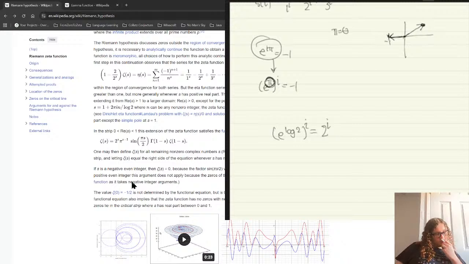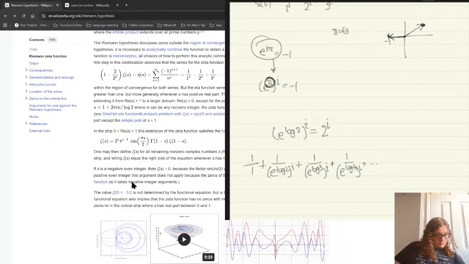And so what we're doing is we're taking 1 over 1 plus 1 over e to the log 2 to the I, plus 1 over e to the log 3 of I, plus 1 over e to the log 4 of I. And we're just doing that ad infinitum.